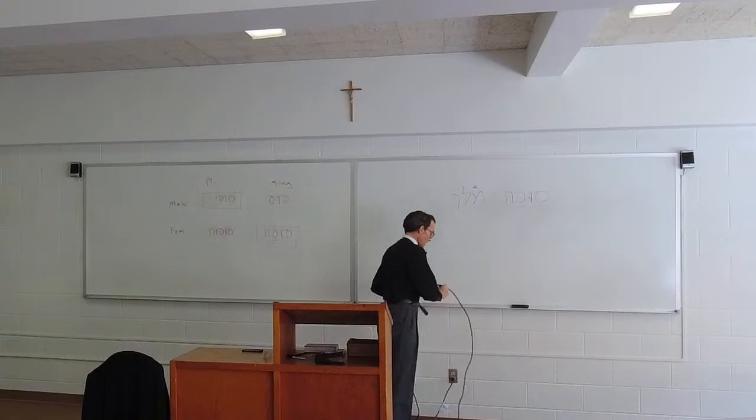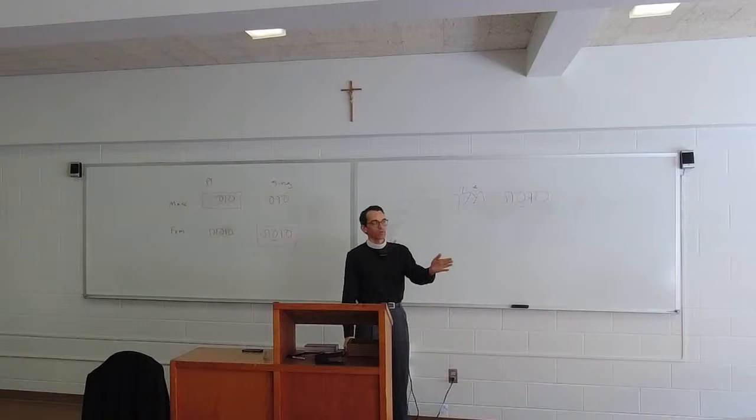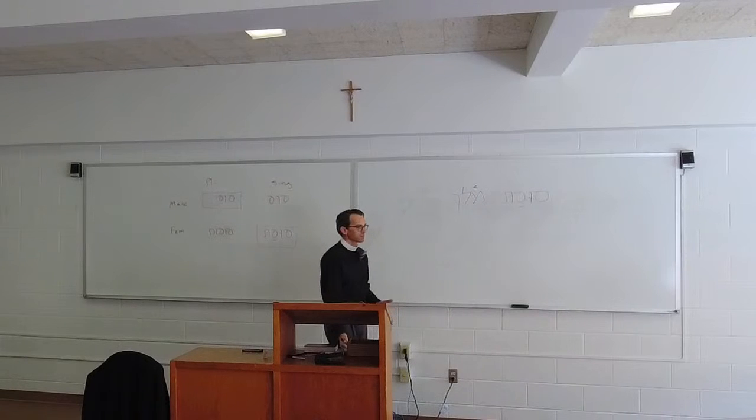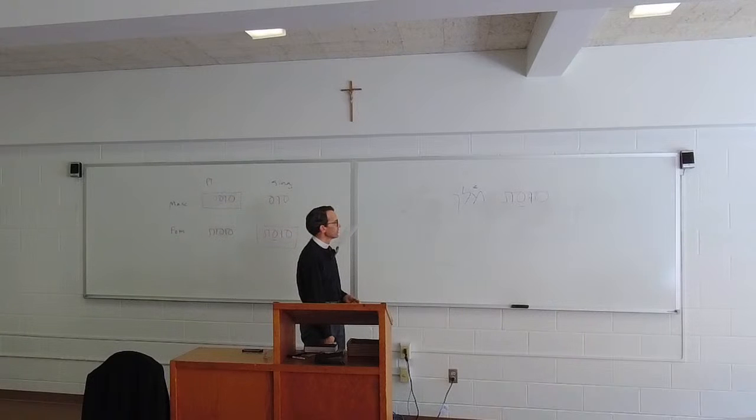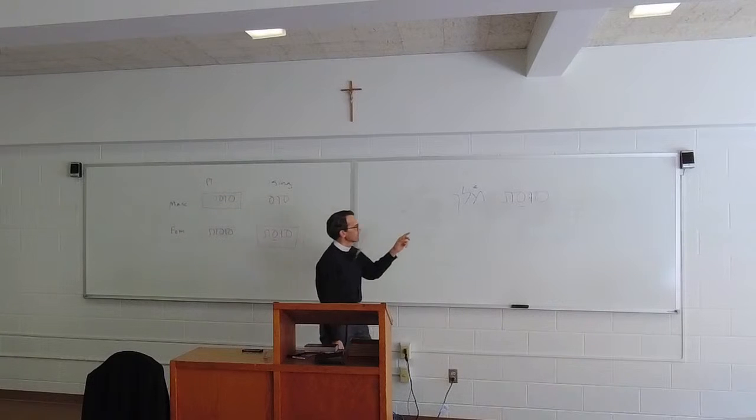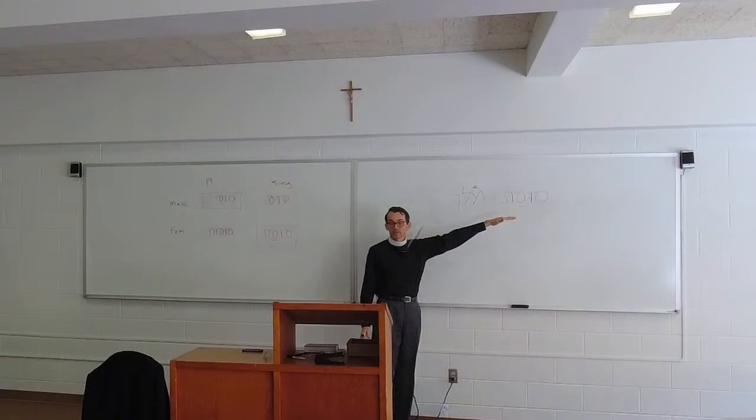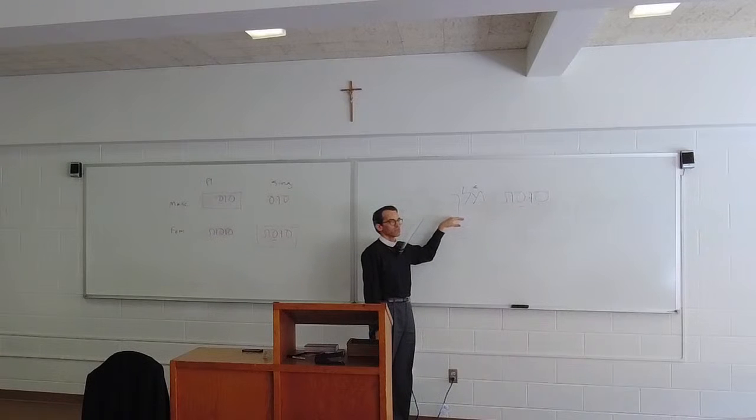So just to be hyper literal to make sure we get it before, you were correct and you made it into a nicely sounding English phrase. But so this is how you do it. You look at the last word. Once you've identified a construct chain, look at the last word. Is it definite or indefinite? Indefinite. So the whole thing is indefinite. So it's a horse of a king. And we want to make sure to do that to make sure we're understanding it correctly.